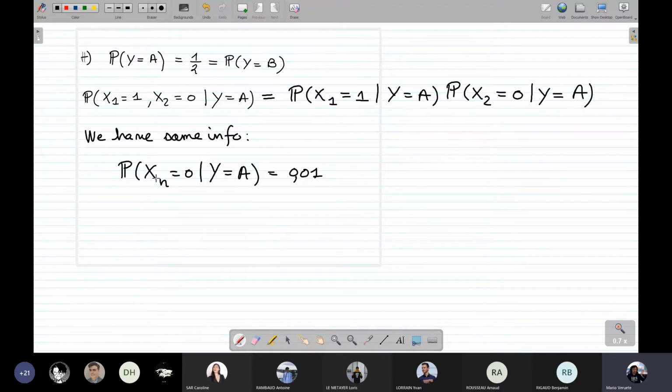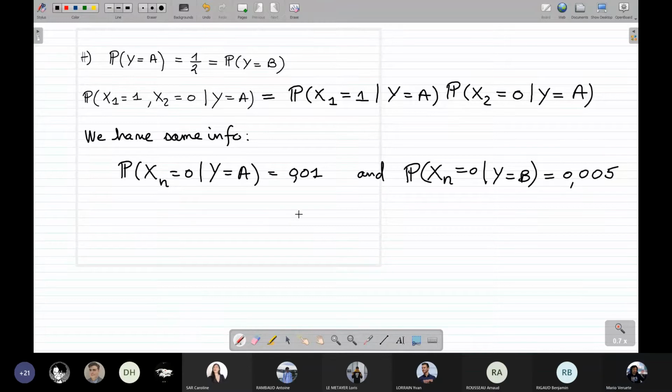We have another piece of data, which is the probability that Xn is 0 given Y equals B. That's the proportion of watches coming from B that do not work. This is 0.005. Is it good for everyone?